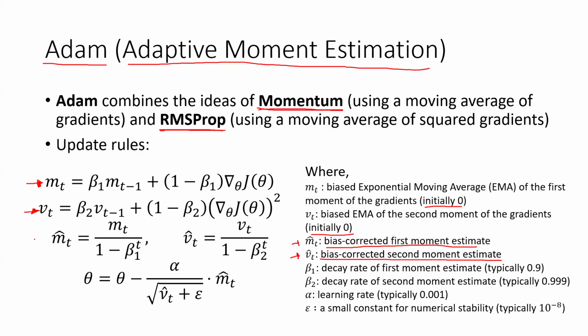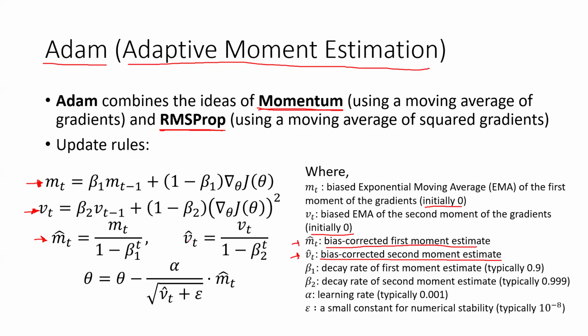So this is how we calculate. For the first moment, the exponential moving average of the gradients, we calculate the bias corrected version by dividing this biased estimator by 1 minus beta 1 to the power t, right?